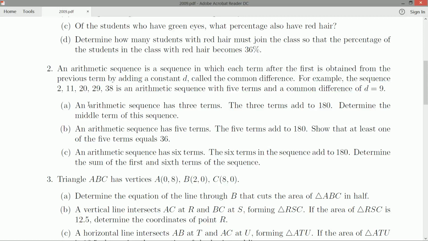An arithmetic sequence has 3 terms. The 3 terms add up to 180. Determine the middle term of this sequence. So I don't know what these terms are, but I do know that we start with a term.